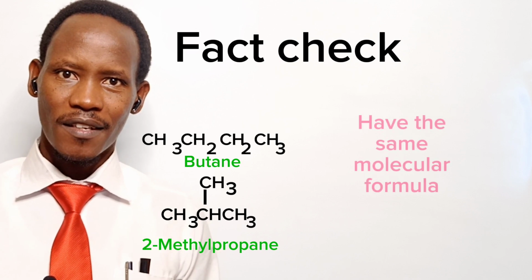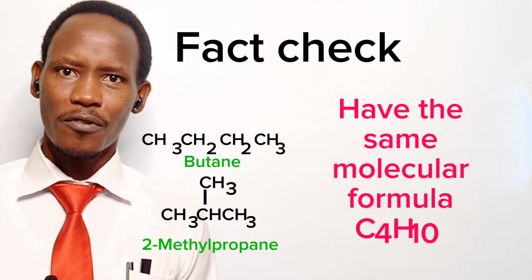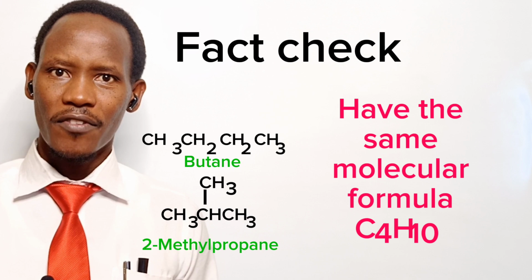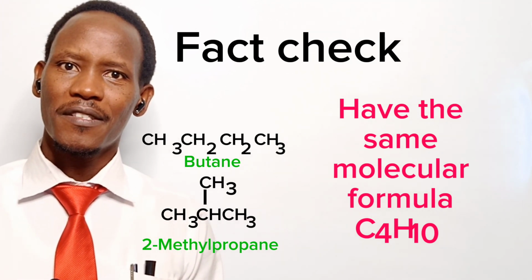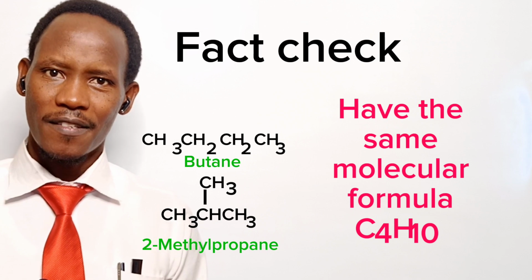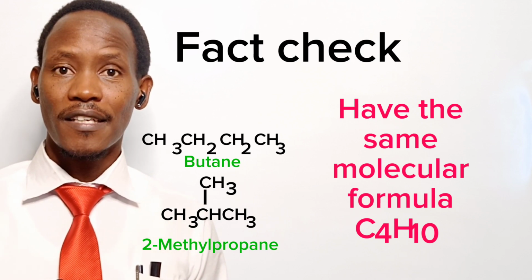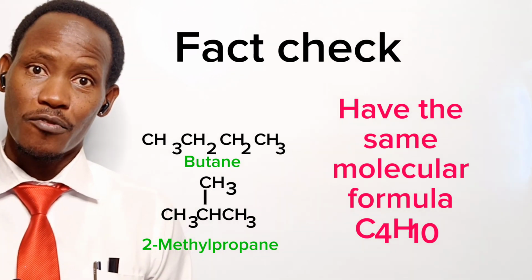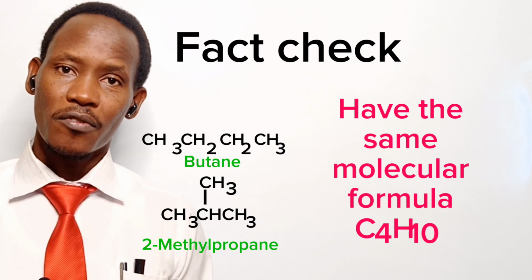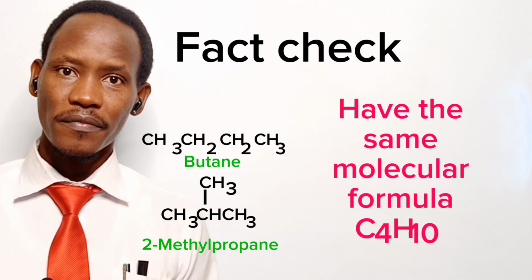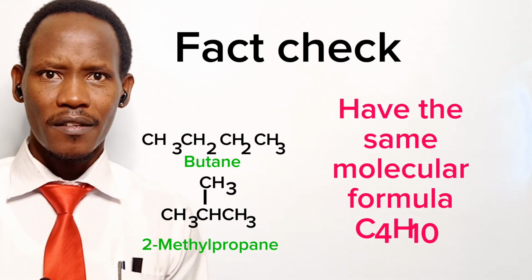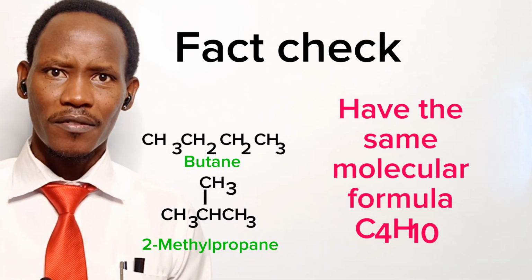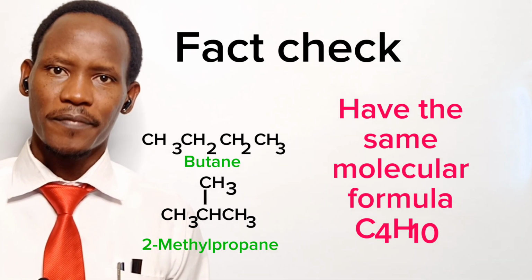So that is a challenge. Two different compounds but having the same molecular formula. Later on, we shall discuss such two compounds as isomers. But that is the drawback of using molecular formula: it does not give exactness of the scientific information about a given compound.